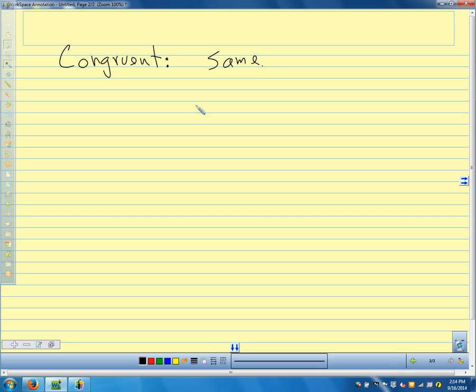We're going to make it a little more precise, and we're going to say exactly the same size and shape. So that's what we're going to mean by congruent for now. We'll make that even a little more precise later. For segments, we say that they're congruent if they have the same length.